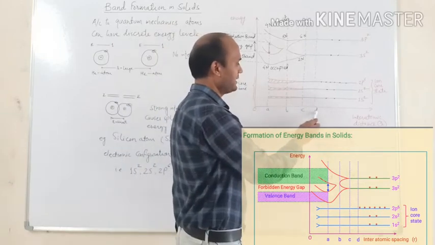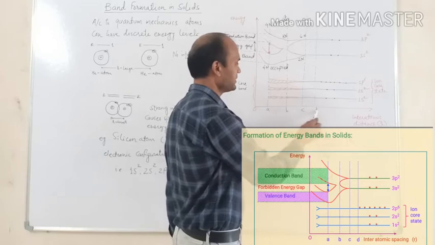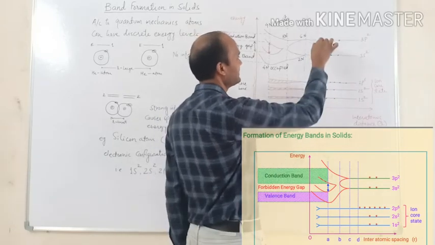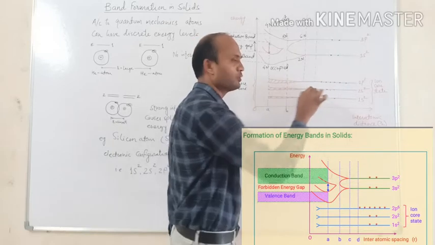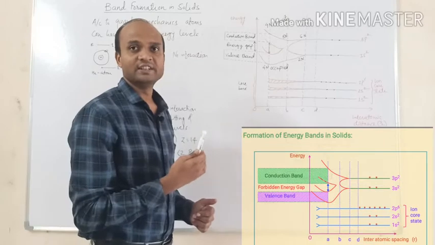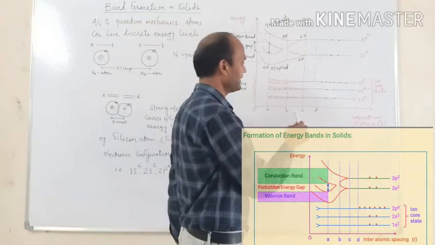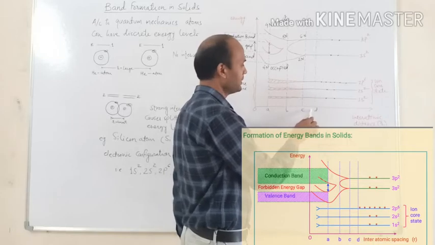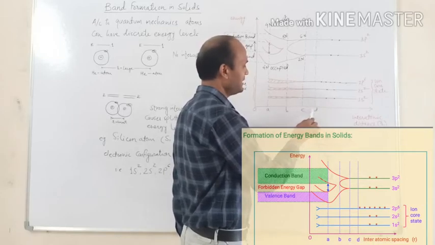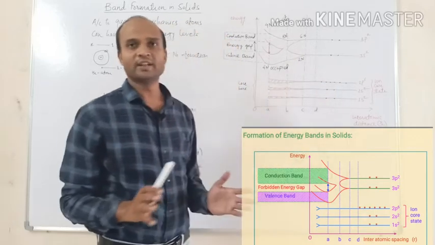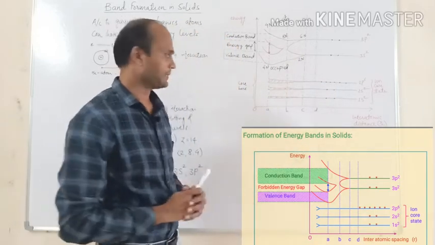Now up to point D, when the interatomic distance is OD, you can see for this line the energy levels are separate. There is no splitting, meaning no interaction. Now go on decreasing the distance between the atoms. If we decrease the distance up to point C, between point D and C there is no splitting, no interaction, and again the energy levels are separate.